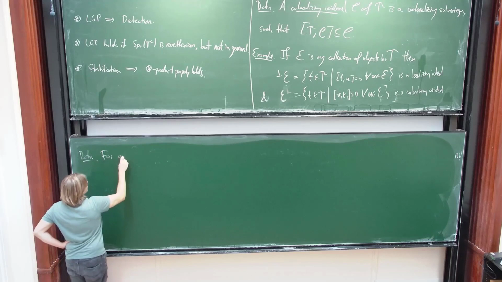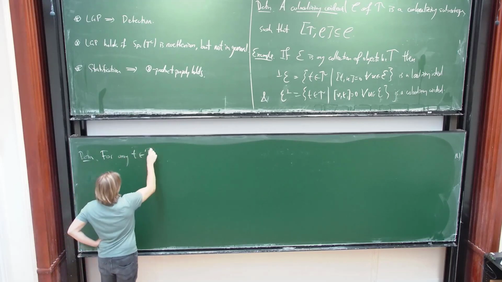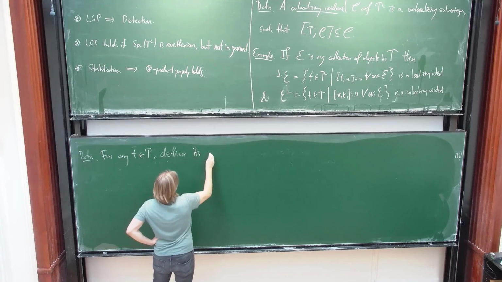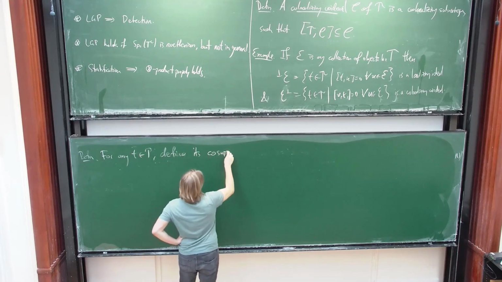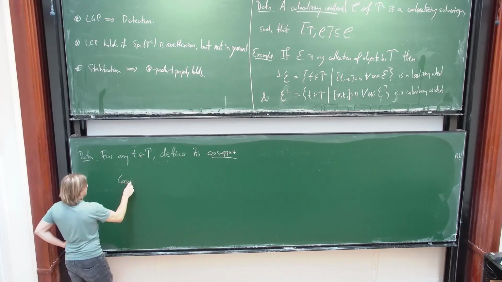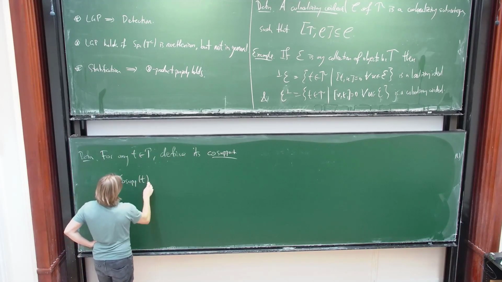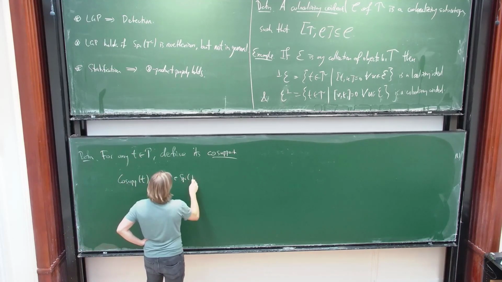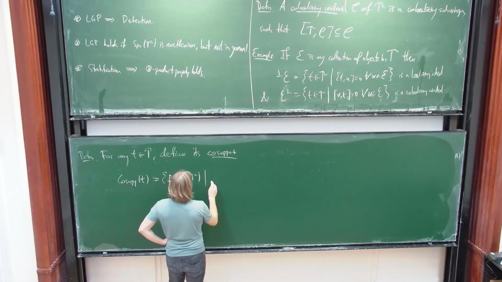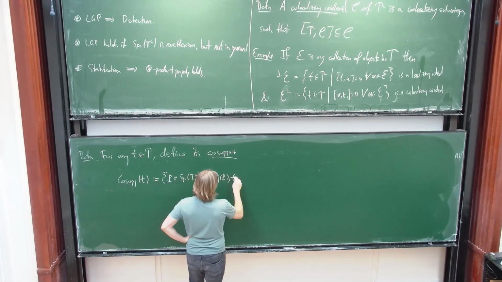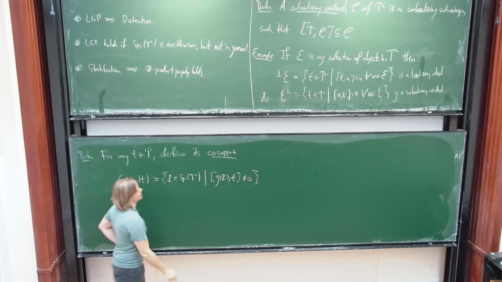For any object T, define its cosupport to be those points such that if you take the internal hom into T from GP, you get non-vanishing.